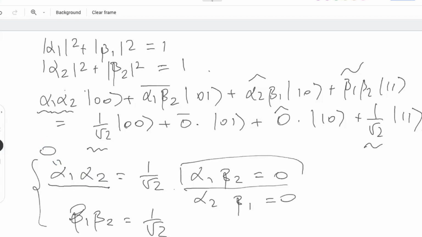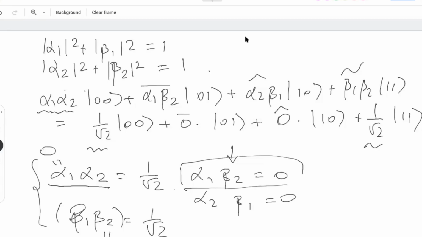And if it was beta 2 that was 0, then this quantity here would be 0, but it has to be equal to 1 over square root of 2. So this is how we prove that it's not possible to write this as a product state.